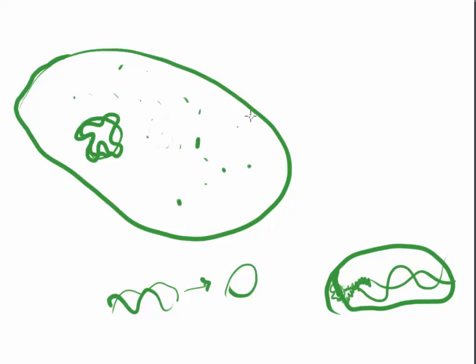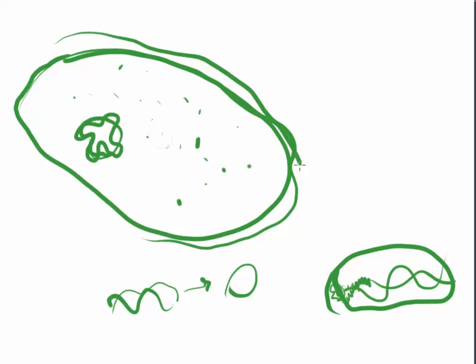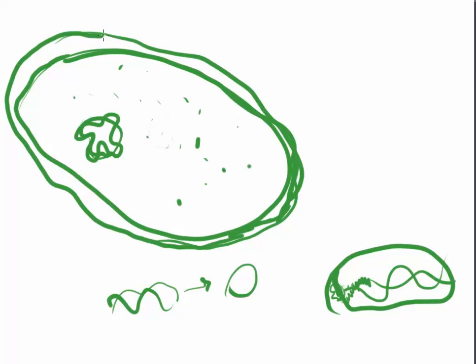On the outside of bacterial cells, all cells have a membrane, but most bacteria have a layer on top of the membrane called the cell wall. The width of the cell wall varies. If it's a gram-positive cell, then you have a nice thick cell wall. If it's a gram-negative cell, you have a much thinner cell wall. But the cell wall is just a very, very thick sugar layer sitting on top of the cell membrane.